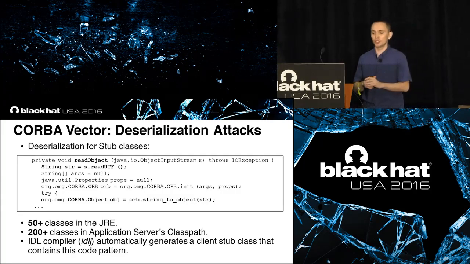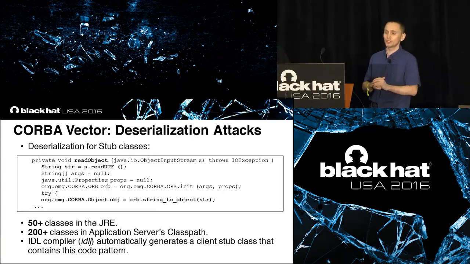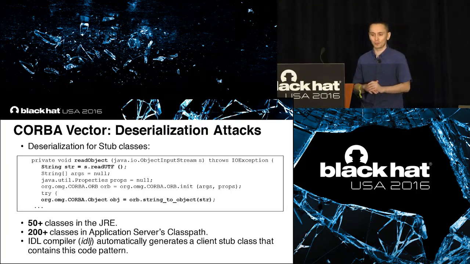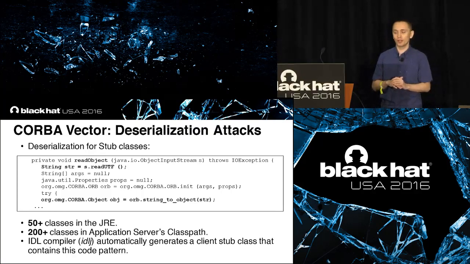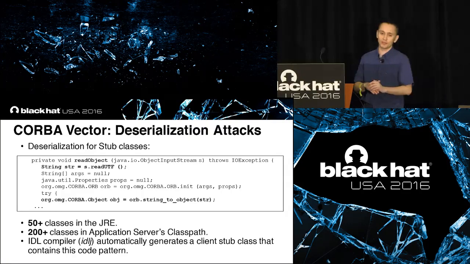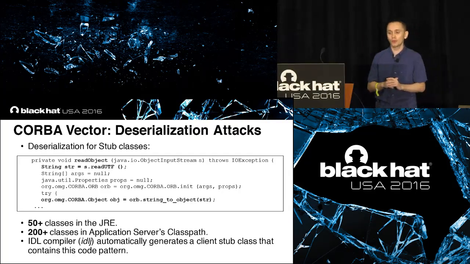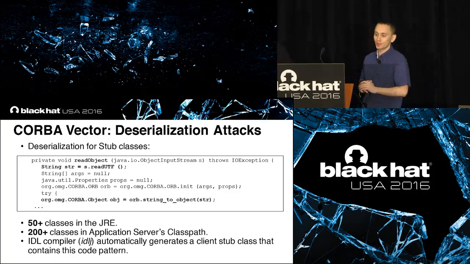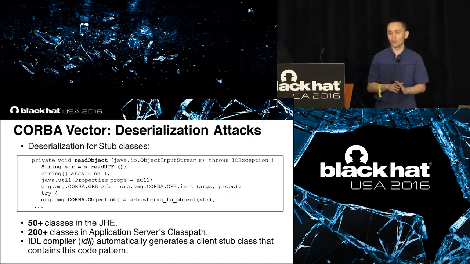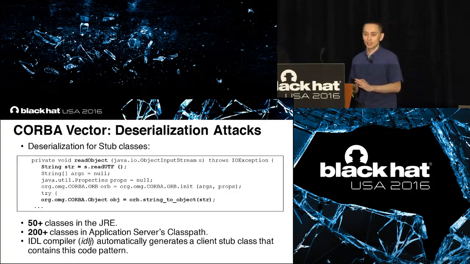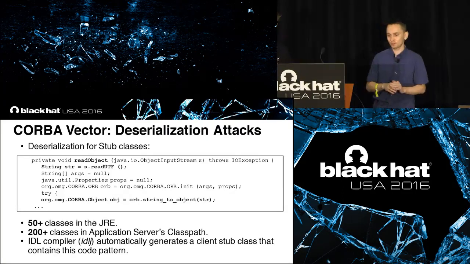He will be able to achieve remote code execution by using only this one. We have found more than 20 such classes in Oracle JRE libraries and more than 50 in OpenJDK. After our review of libraries from application servers, this number increased to more than 200. Also, we figured out that the IDL compiler automatically generates this code for client stub classes. So we can expect many such classes in customer libraries.